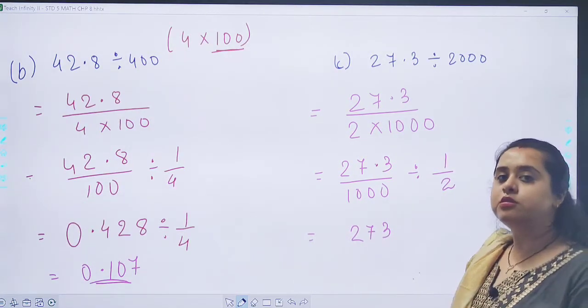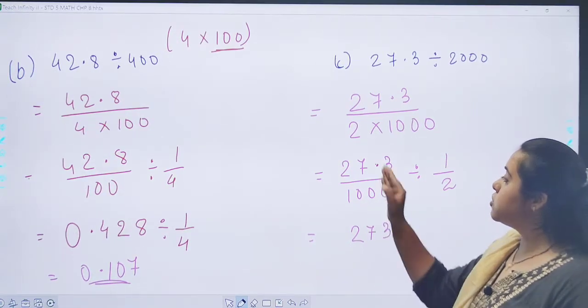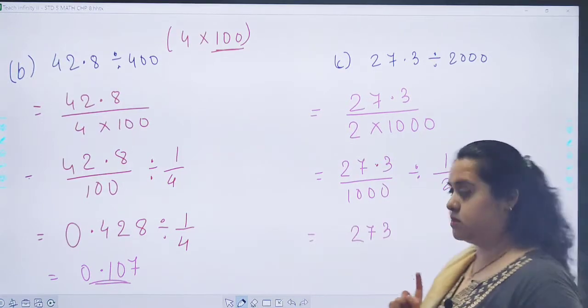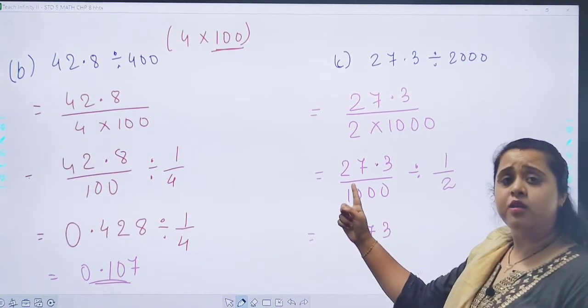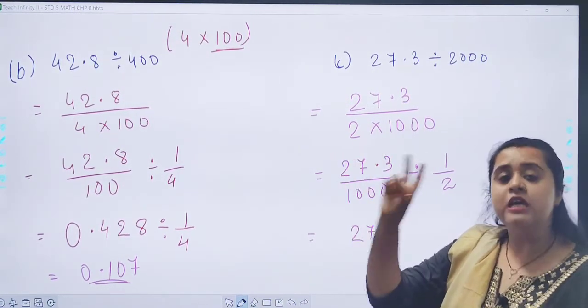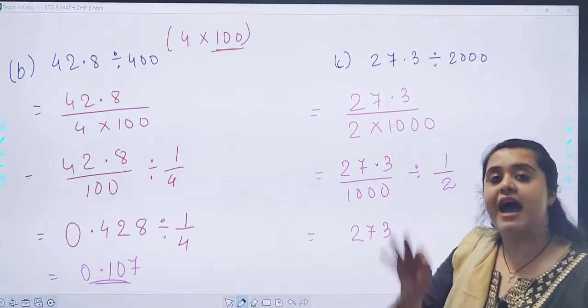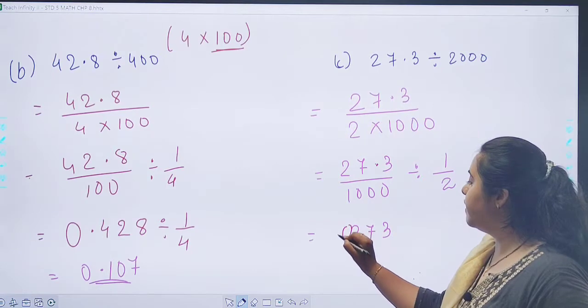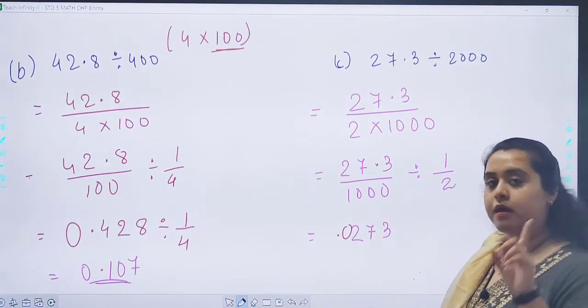As per the rules, 3 zeros are there, so this decimal will be jumping after 3 numbers. But here only 2 numbers are there, so ma'am will add 1 zero. So 1 zero will be added here and then the point will come.